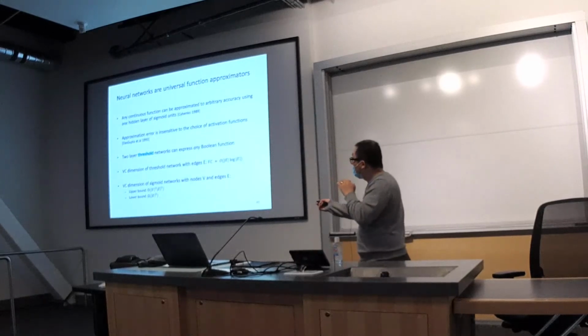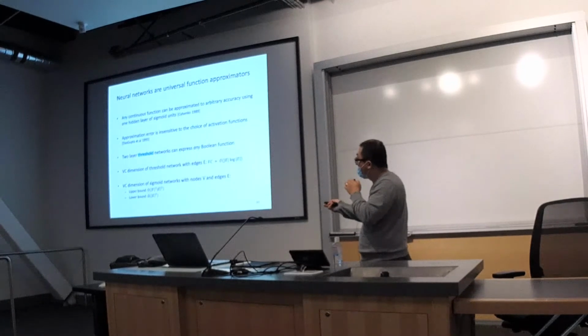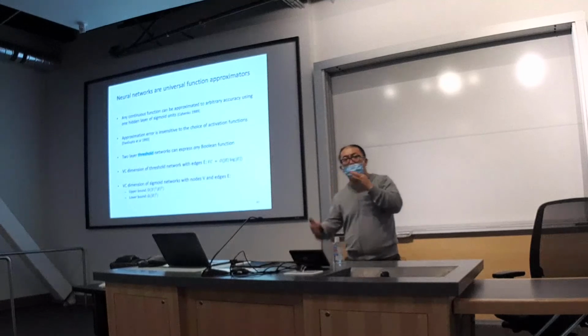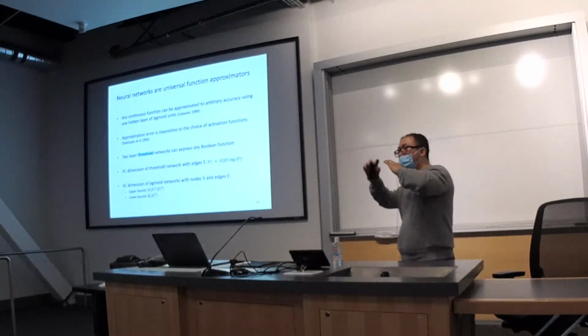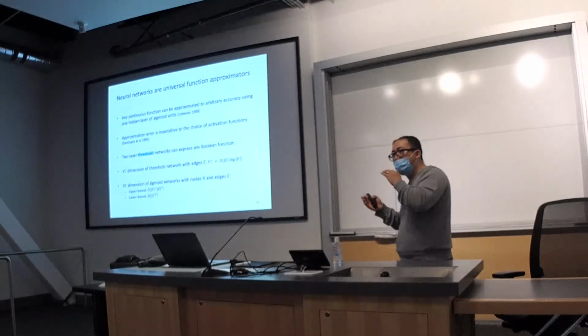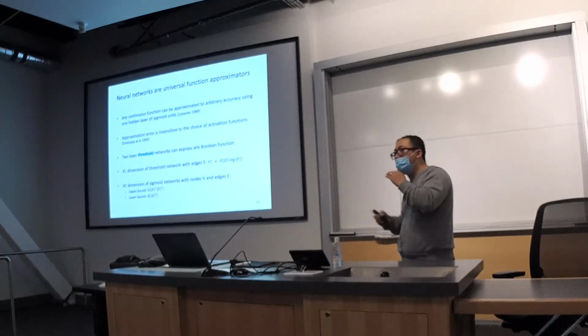For sigmoid networks, we don't have an analytical expression of the VC dimension, but we have upper and lower bounds. The VC dimension is upper bounded by the square of the number of nodes times the square of the number of edges multiplied together, and lower bounded by the square of the number of edges. So when you increase the layers, the number of nodes, and the number of edges, it will increase the capacity of the neural network.